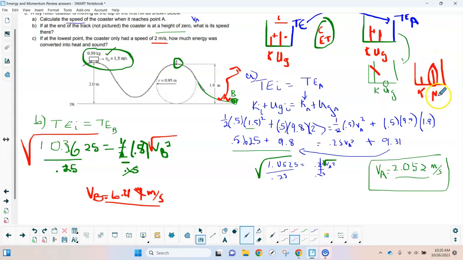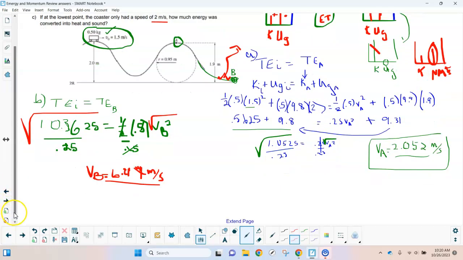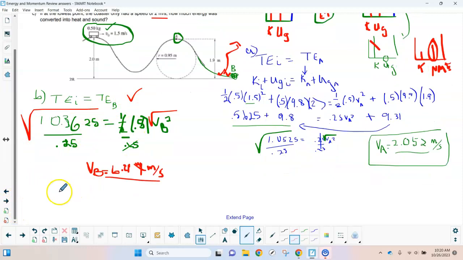That's why I included the track as part of our system. So this non-mechanical energy. For part C, it's really similar in terms of setting up conservation of energy. We're just looking at a slightly different situation.